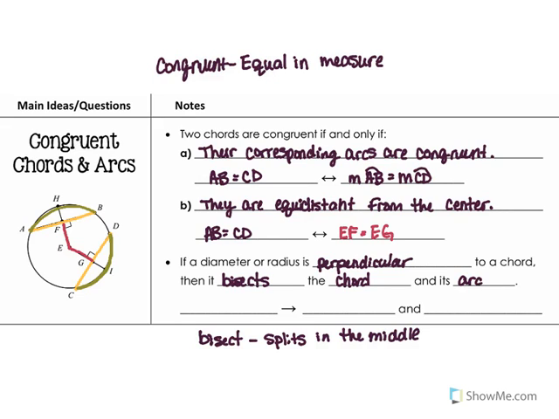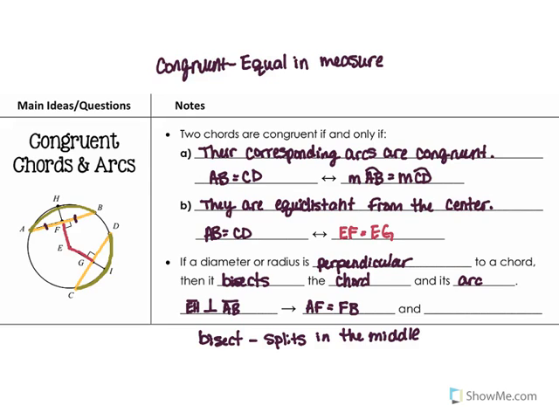So the way we're going to say this is that EH is perpendicular, remember that's what that symbol means, to AB if and only if AF equals FB. So that means these two little pieces are equal and that EH and AB are perpendicular to each other.